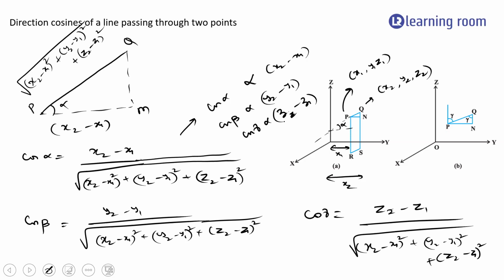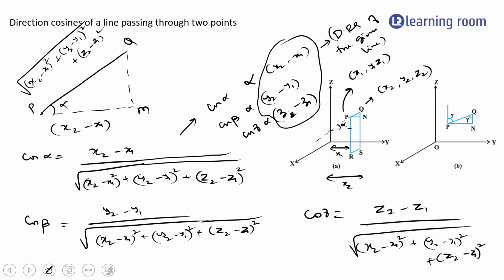What are those three values called? If cos alpha, cos beta and cos gamma are given by these expressions, then the corresponding direction ratios are these three values. They are called the direction ratios of the given line. So when you want to find the direction cosine, you will take the difference in the x coordinate and divide it by the distance between those two points.